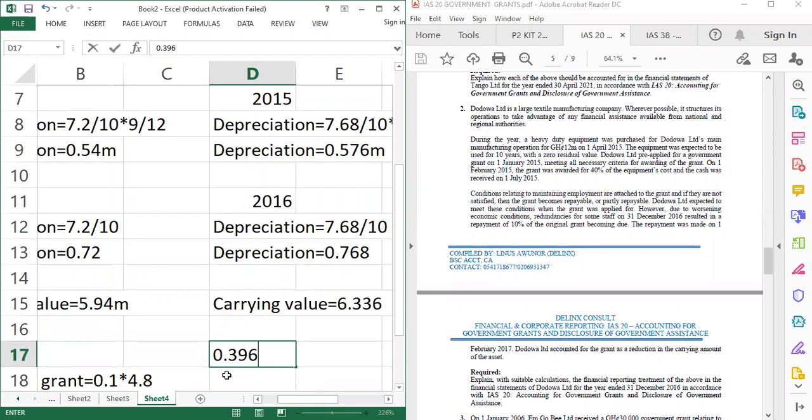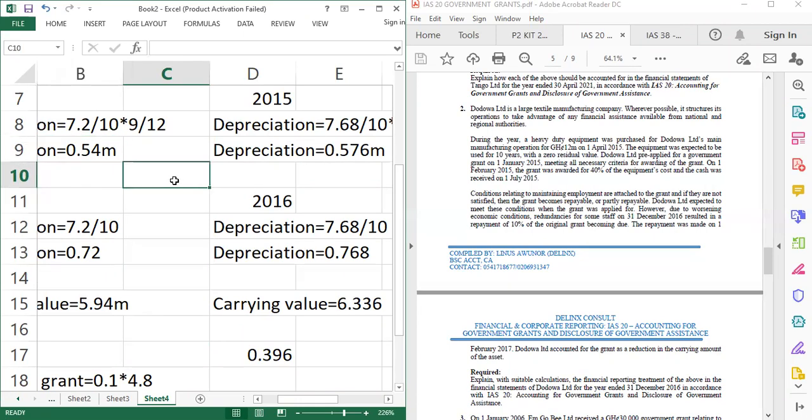Okay. What is the depreciation over here? Assuming that all the grants were taken, it was 0.54. But if the 10% was not taken, it should have been 0.576. What is the difference in the depreciation? 0.036.